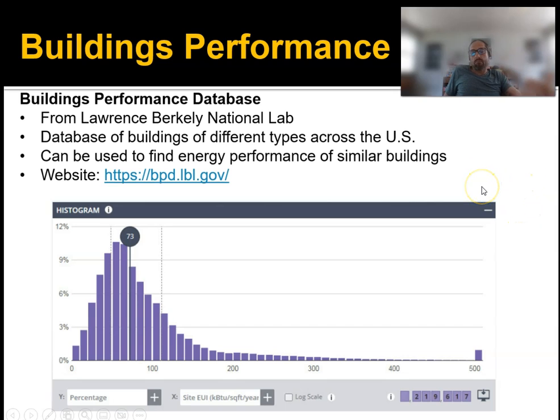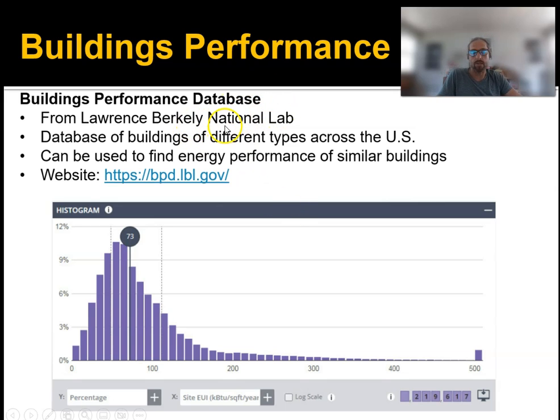You're going to compare buildings in a couple of different ways. One thing you're going to do is use what's called the Buildings Performance Database. I'm providing a second video that explains how to use the BPD, but I'll briefly explain what it is here. The Building Performance Database is from the Lawrence Berkeley National Lab, which is one of the U.S. national labs, like NREL, the National Renewable Energy Lab.